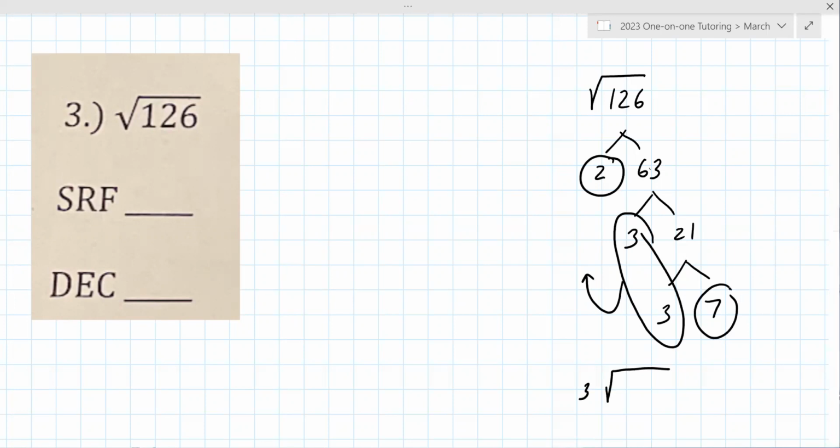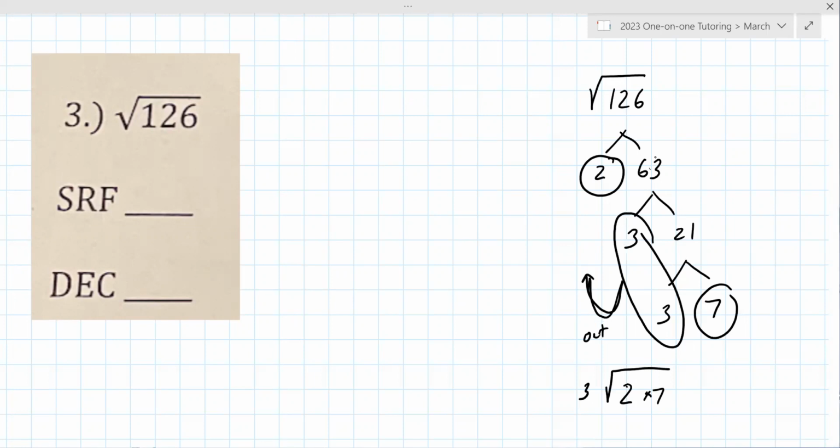What numbers did I circle? 2 and 2 3s. 2 and the 7. The 3s come out. But the 2 and the 7, see how they don't have a pair? They stay in.